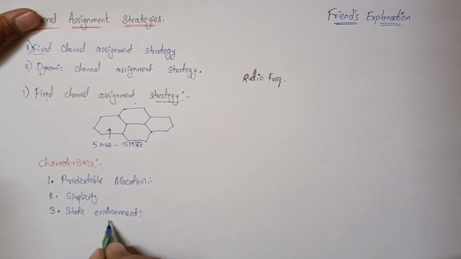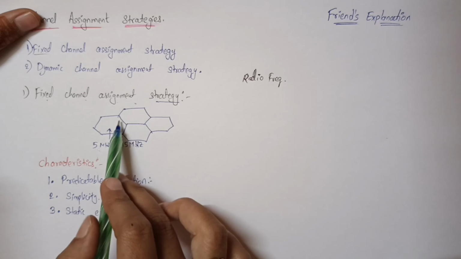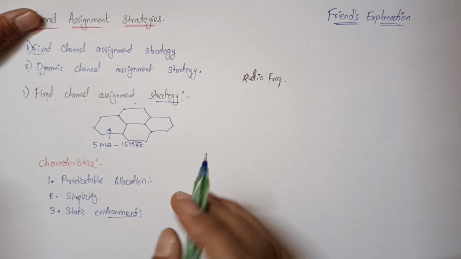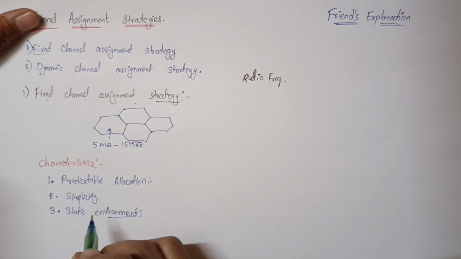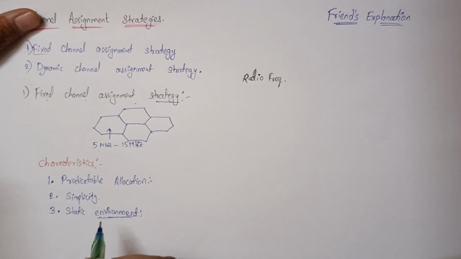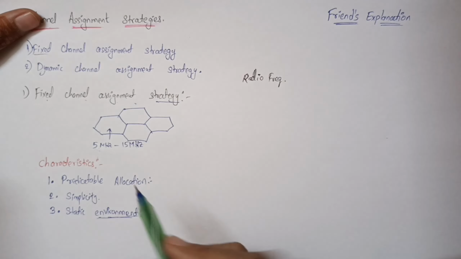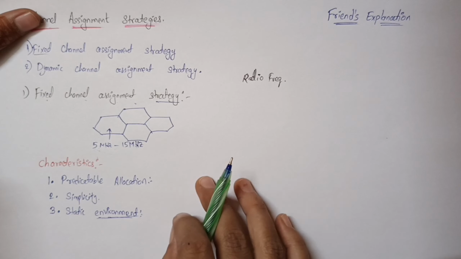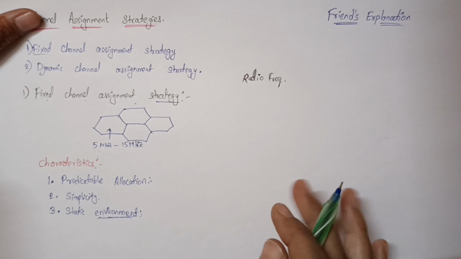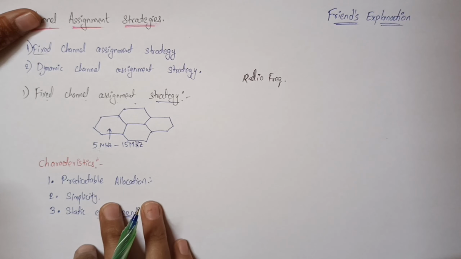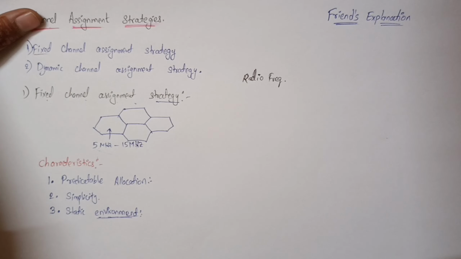That means they assumed that these cells are going to have static and predictable traffic. That's why they implemented this fixed channel assignment strategy, and this is often the case in older cellular technologies and certain wireless systems. So these are the characteristics.